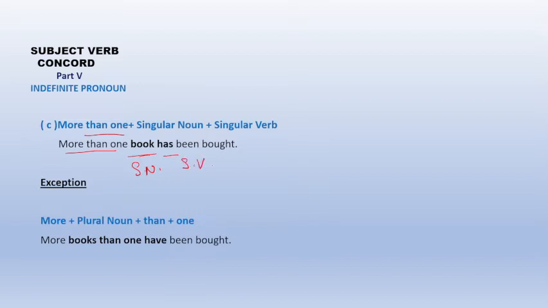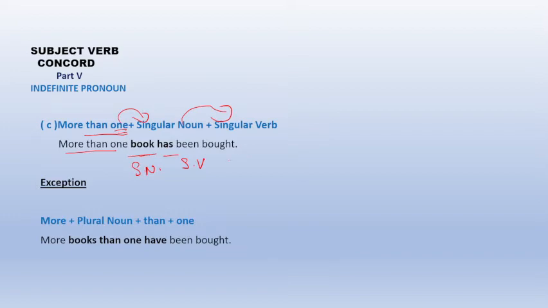Obviously, if we are having the phrase more than one, the noun will be only singular, and because the noun is singular, we will place only a singular verb. More than one book has been bought.